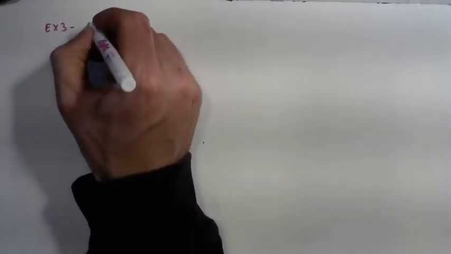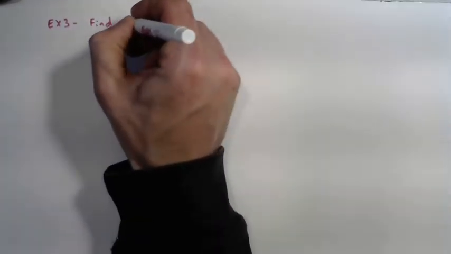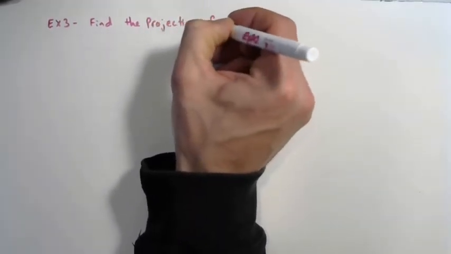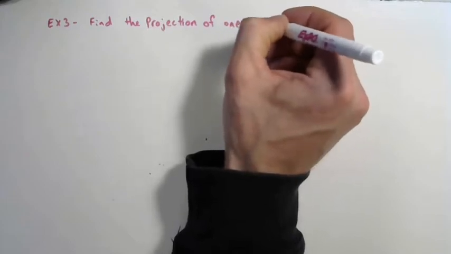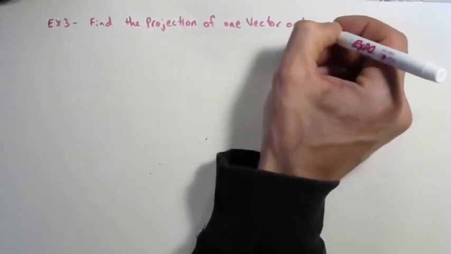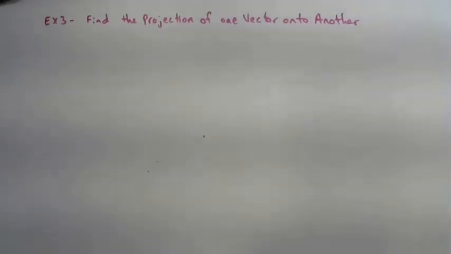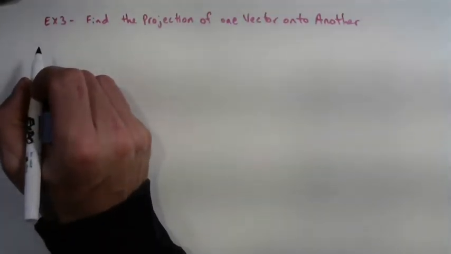All right, we can apply that in example 3. Example 3, find the projection of one vector onto another. What this example really does is help us to generalize the projection of one vector onto another when those vectors meet at an angle of less than 90 degrees, and then what happens if they meet at an angle greater than 90 degrees.